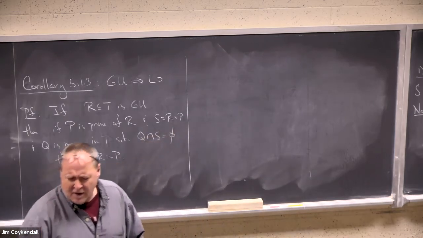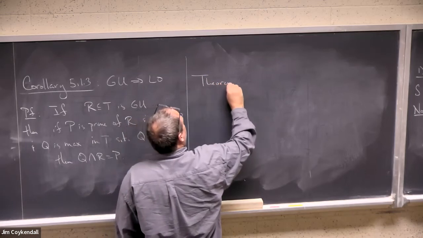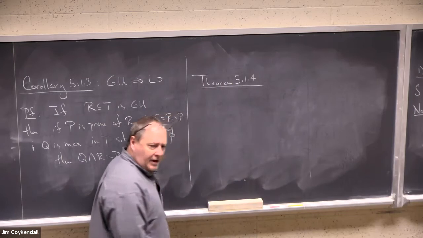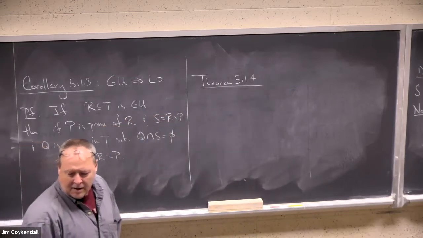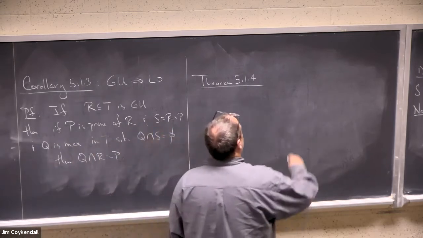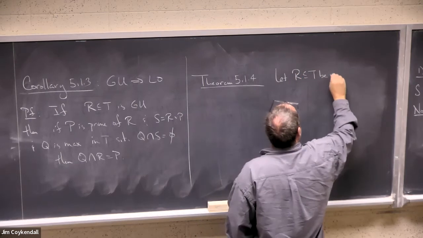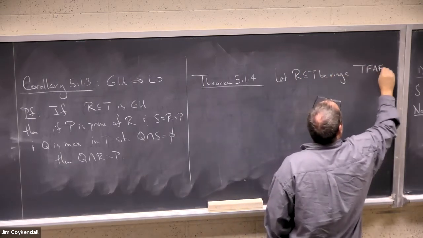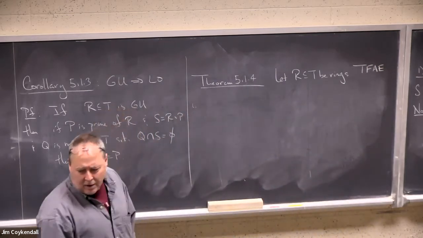Okay. Any questions on that? All right, so here's another one. This is similar to the last one, only it's with incomparability. Let R inside T be rings. Number 1, incomparability holds.